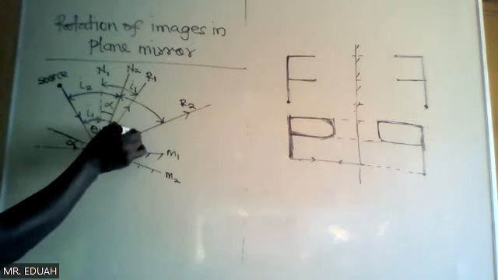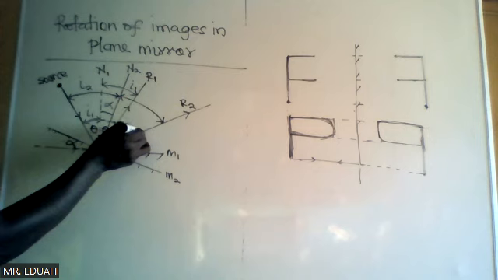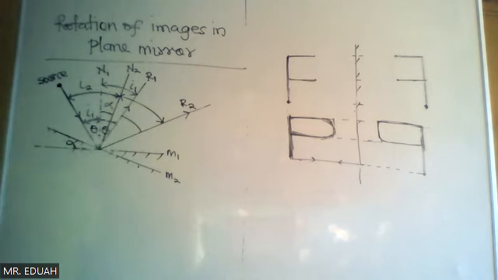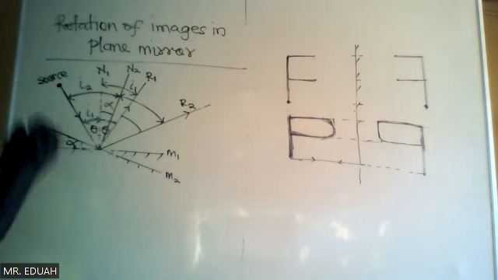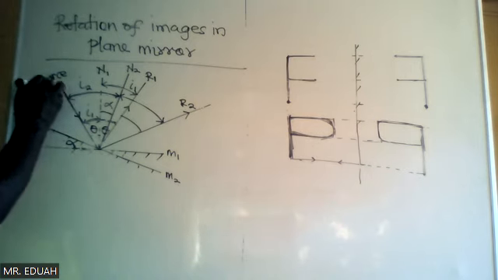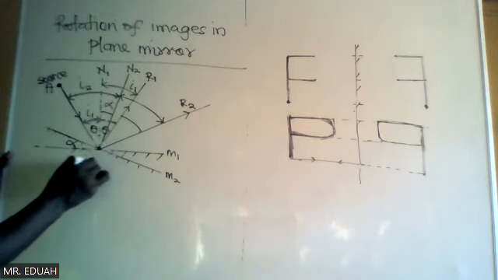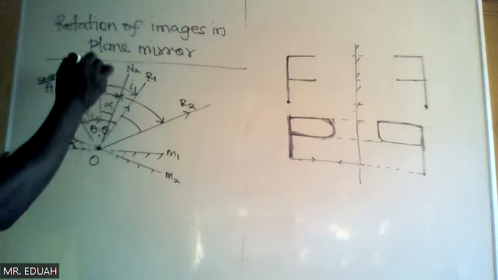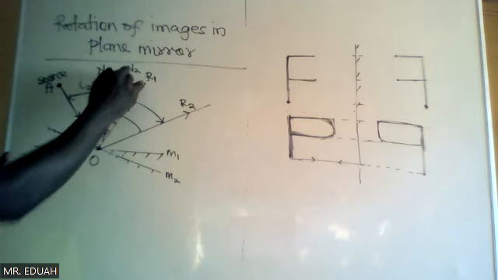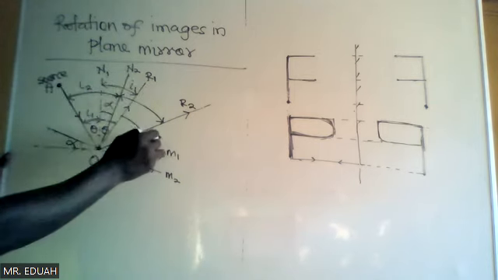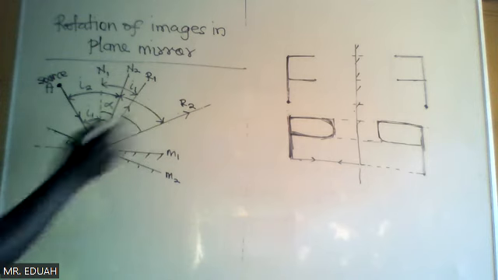What happens to the angle between the old reflection and the new reflection? That is what we are looking at. Okay, now let's find, assuming this is A, point O, N1, N2, R1, and then R2.